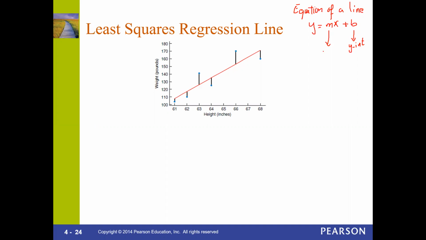M is called the slope. This is from 1033. In which m is also equal to rise over run. This is from previous classes.